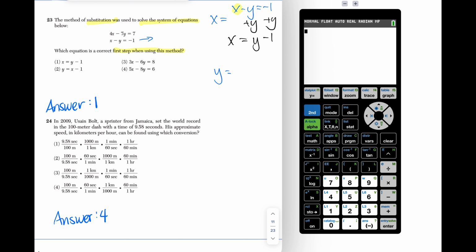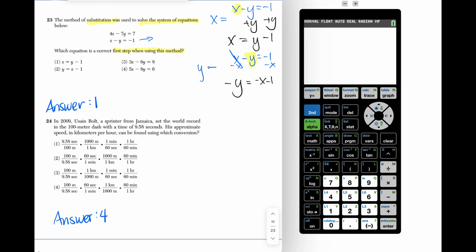Now if you did it the other way around, so x minus y equals -1, and you wanted to isolate the y, I'm going to have to subtract x from both sides, so that I have now -y is equal to -x minus 1.